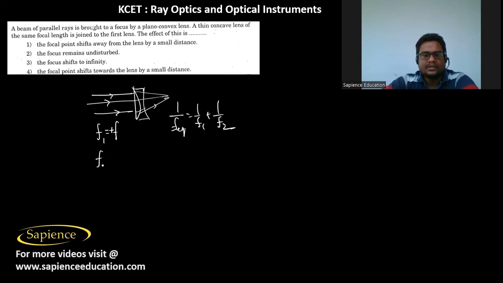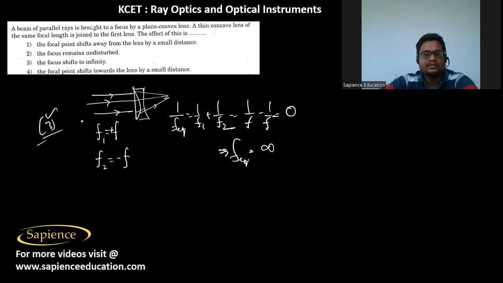And for a diverging lens like a concave lens, the focal length will be negative, so it is minus f, since the concave lens has the same focal length. So it will be 1 by f minus 1 by f, which will be 0. So the equivalent focal length will be infinity. So the effect is that the focus shifts to infinity. It means option 3 is the correct answer.